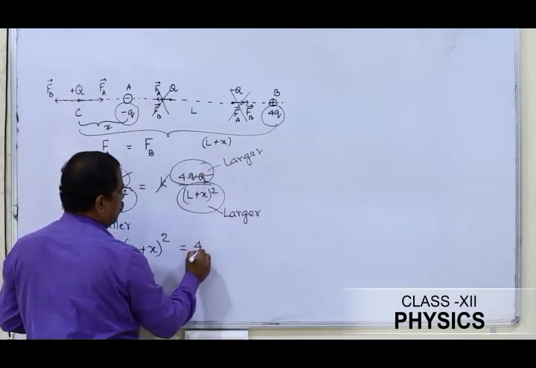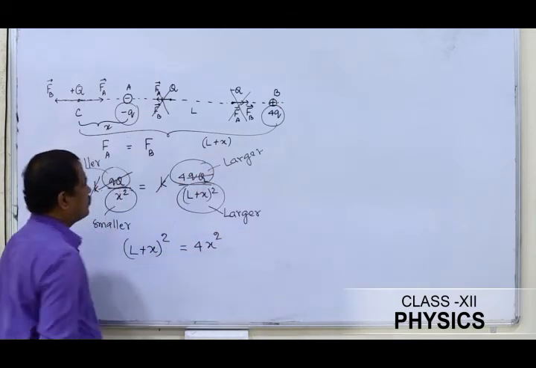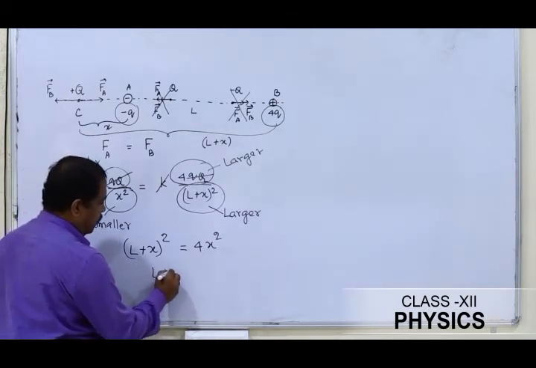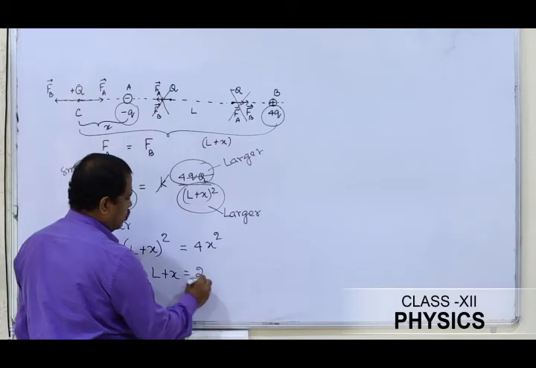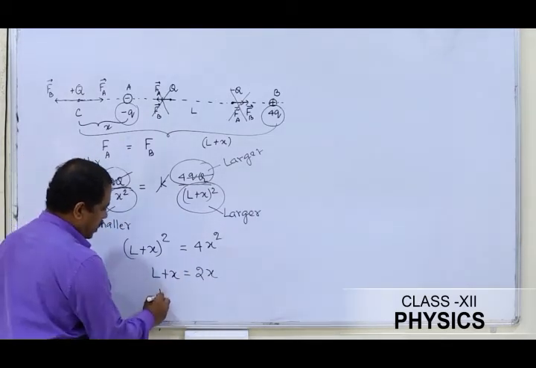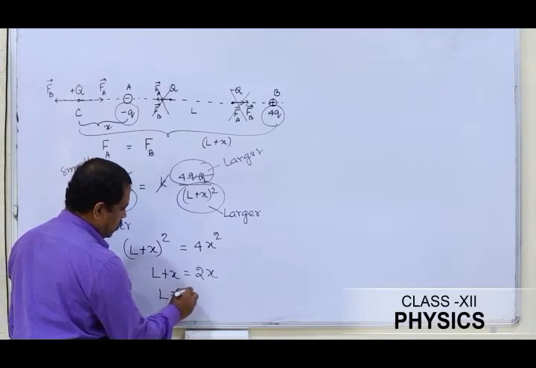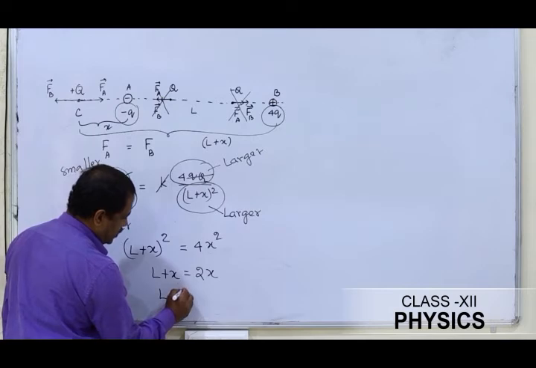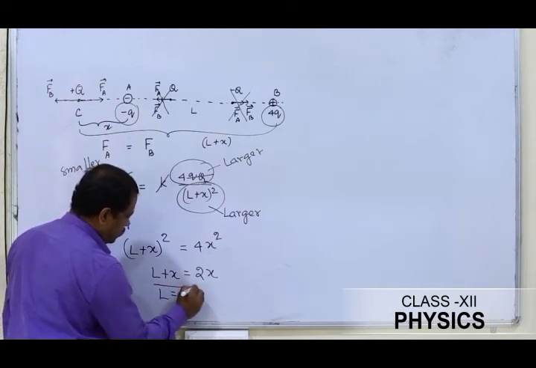So this is equal to 4 into x square. Now, taking square roots, I have L plus x is equal to 2 times x, and I have L is equal to x, because 2x minus x. So this is going to be x.